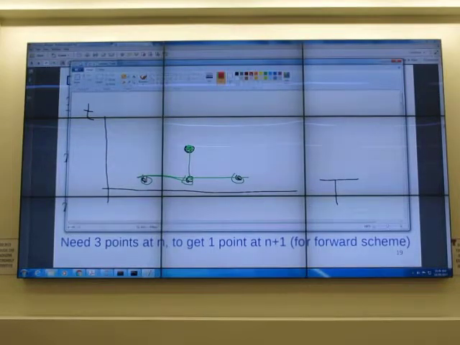Okay, what about this point? This point will link to that point, the boundary, and that point. Do we know the temperature at the boundary? Yes, we do, from the initial condition. What about this point? How do we calculate the temperature at the next step at the boundary?